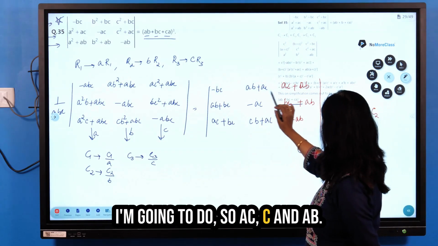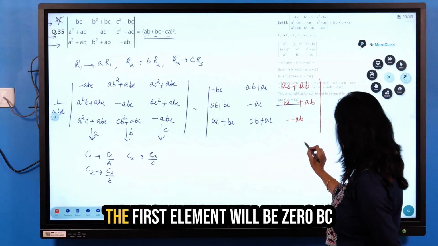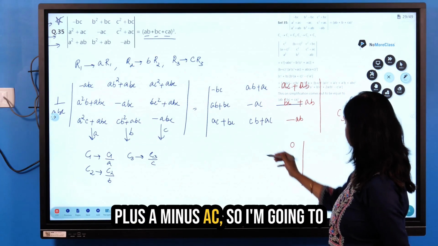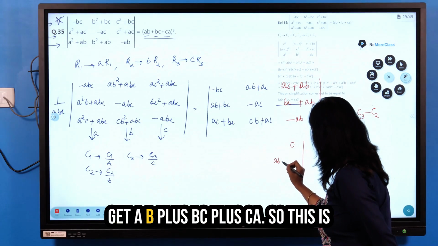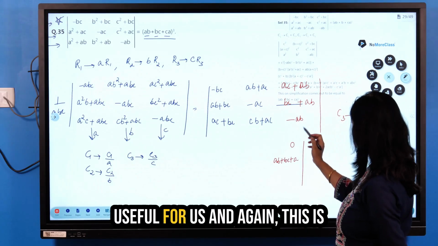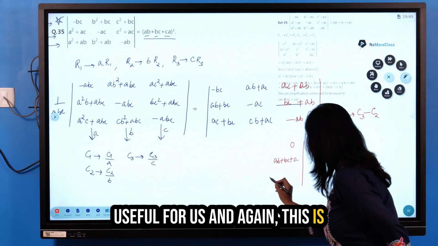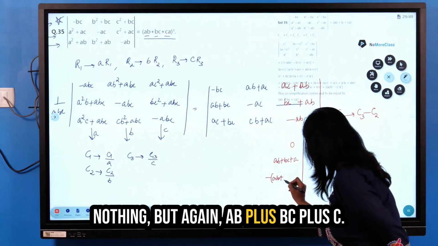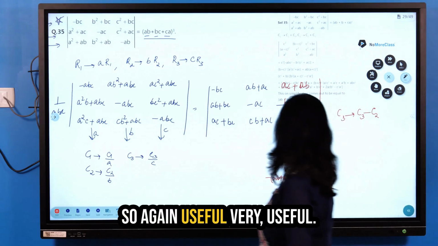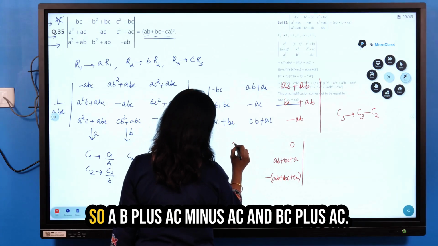So AC and AB, the first element will be 0. BC plus AB minus AC. So I am going to get AB plus BC plus CA. This is useful for us. And again, this is nothing but AB plus BC plus CA. So again, very useful.